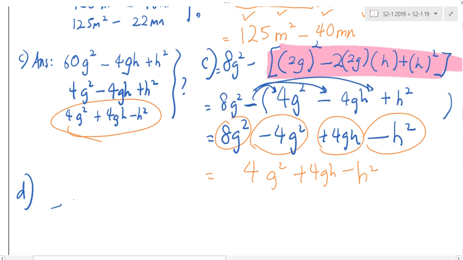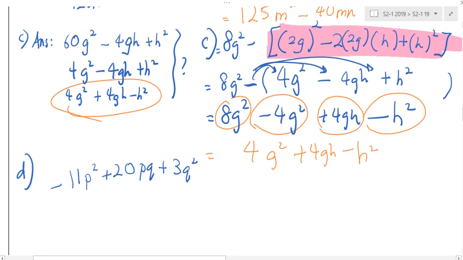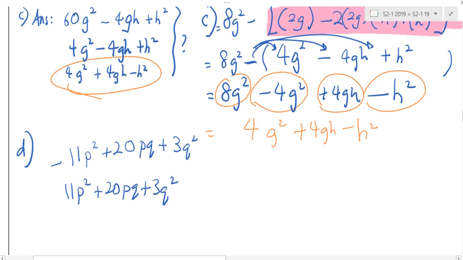Negative 11p squared, minus 11pq squared, then plus 20pq plus 3q squared. Okay, Nabila, what's your answer? 11p square plus 20pq plus 3q square. Anyone else got a different answer? Li Pei, what's your answer?